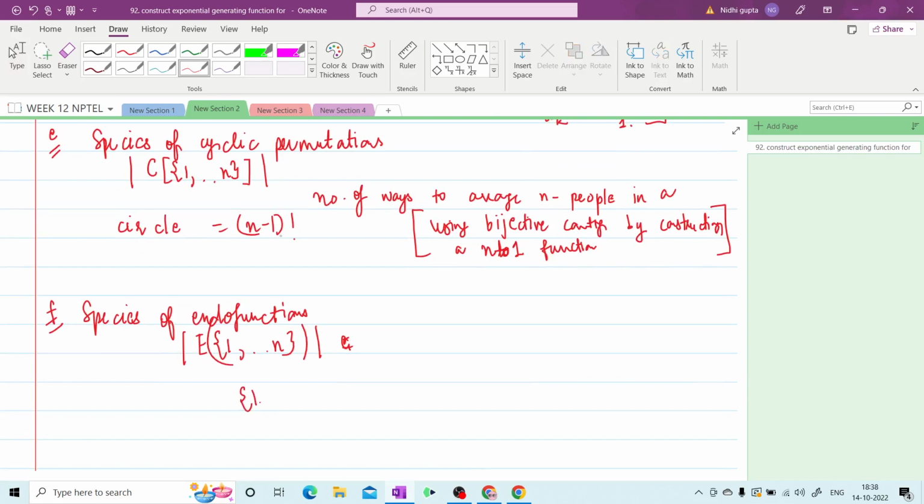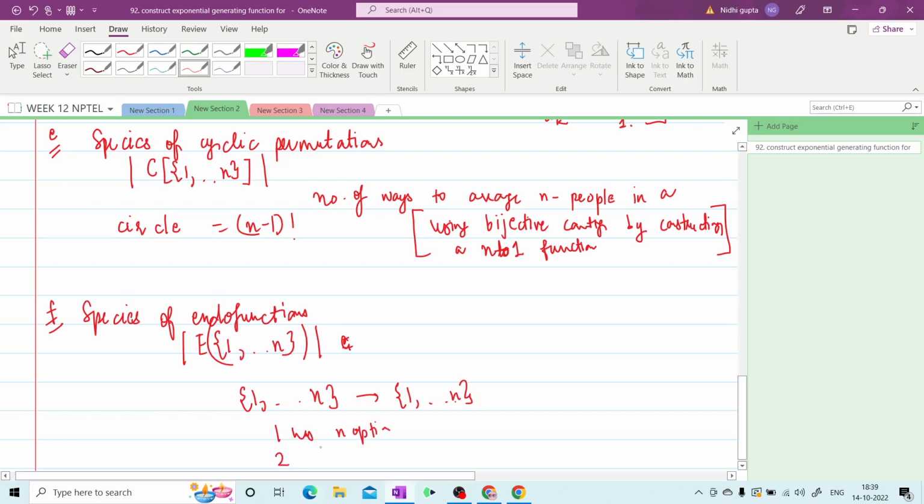If you want to give a function from 1 to n to 1 to n, 1 has n options. Since this function has no restriction, each image can be repeated, so 2 also has n options. Each of them has n options. So the total number of functions is n raised to the power n.